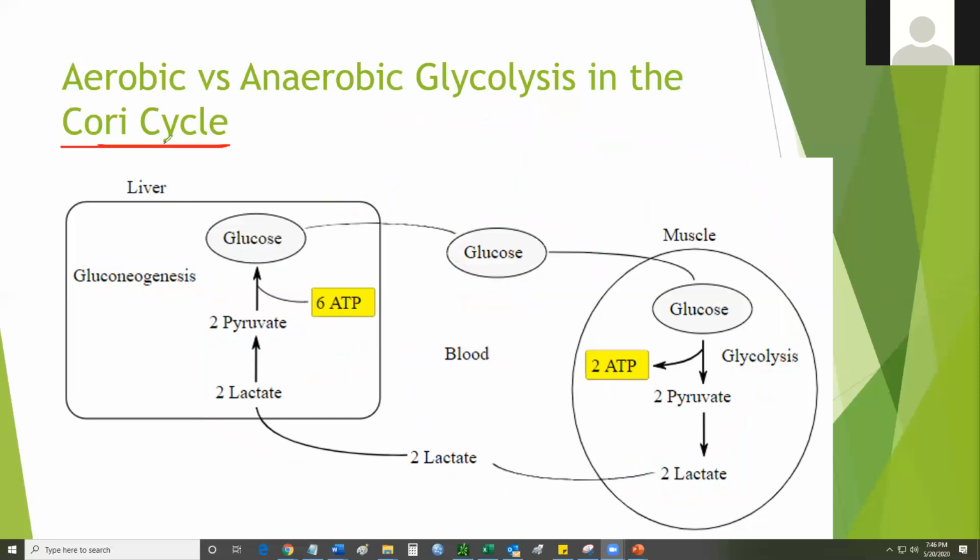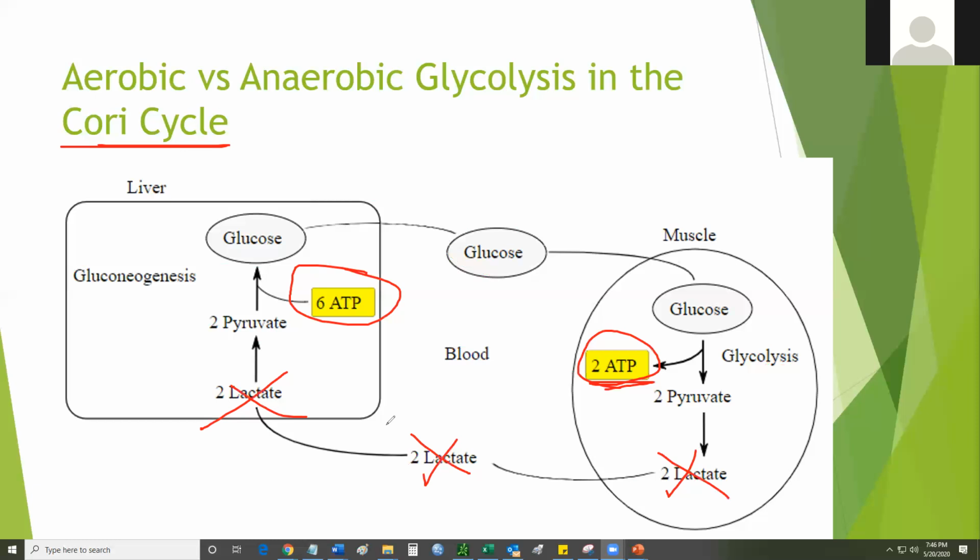So what's happening with the Cori cycle is that we are acknowledging it's going to cost us more ATP to fix our waste problem than what we actually produce. But in turn, we don't get lactic acidosis, or we don't get blood lactate to accumulate.